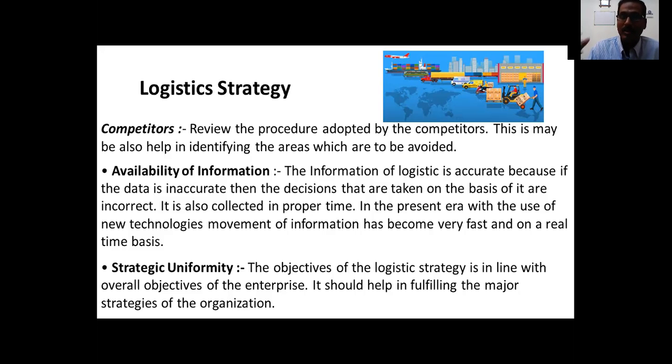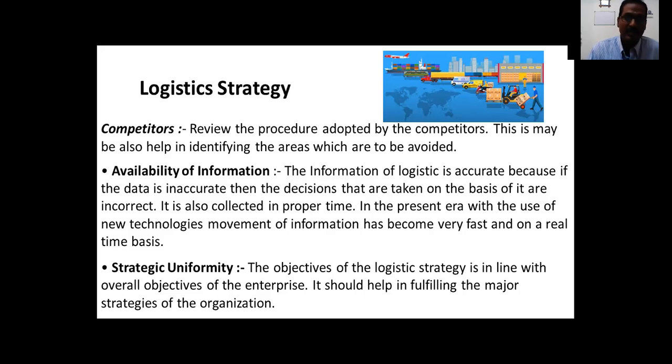GPS will help us monitor the movement of our product, right from our manufacturing unit till it reaches the customer. Thanks to technology, which really helps to plan the logistics in the most effective and efficient manner.